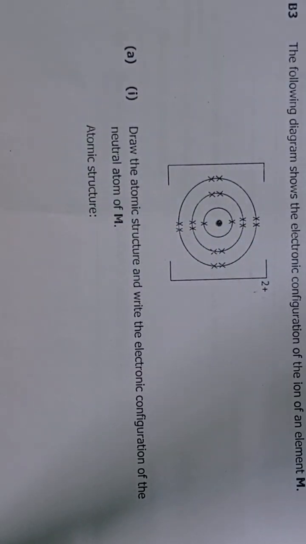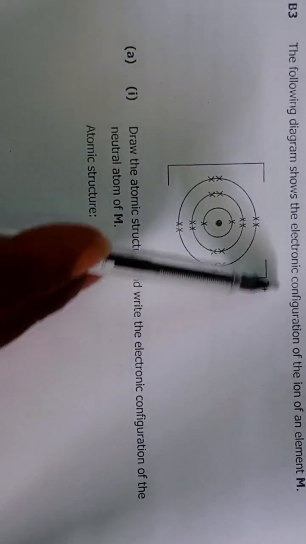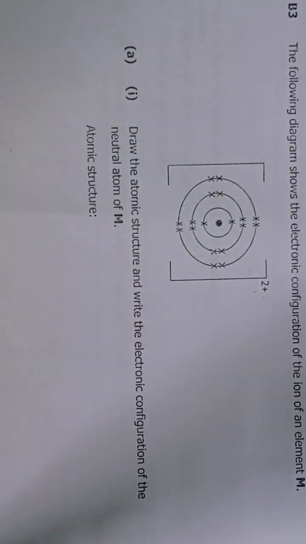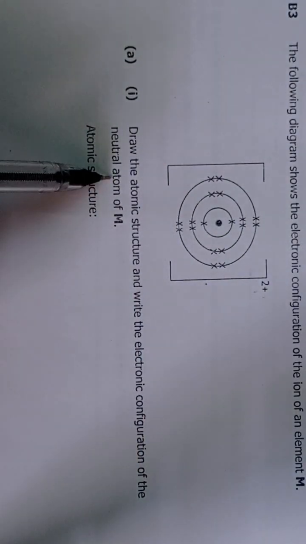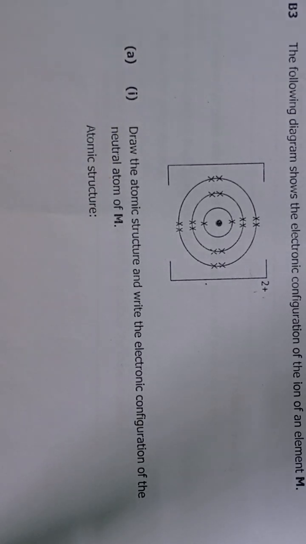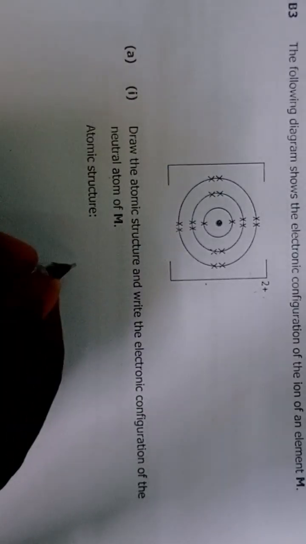So now let us draw the atomic structure. From this structure, we will just add the outer shell containing the 2 electrons it has lost. Remember that this is an ion, but we need to draw the atom. So the neutral atom, in other words, before it had lost these 2 electrons.